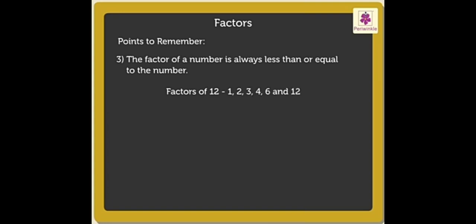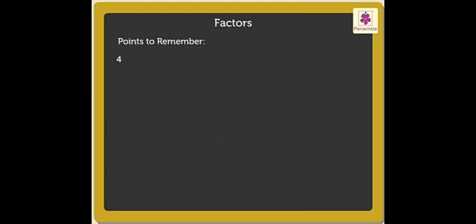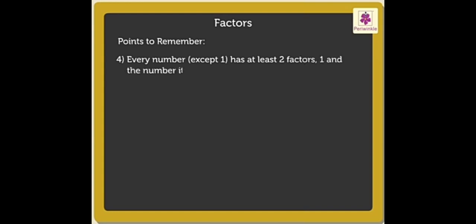Note that the factors 1, 2, 3, 4 and 6 are less than 12, and the last factor 12 is equal to 12. Thus, it shows that the factor of a number is always less than or equal to the number.